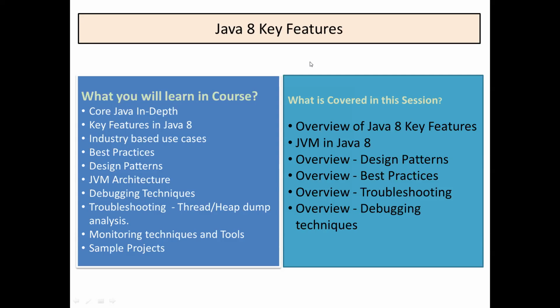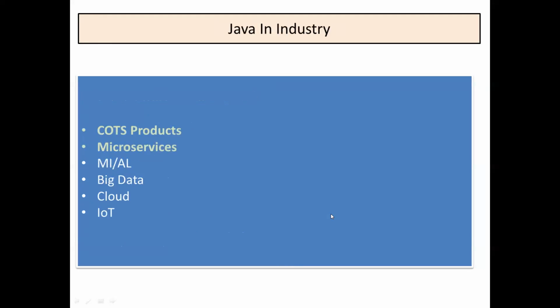So let us move to the next slide. This is just to cover the overview of where Java is currently used today. I've put this slide to give you an overview of how Java is placed in the industry.